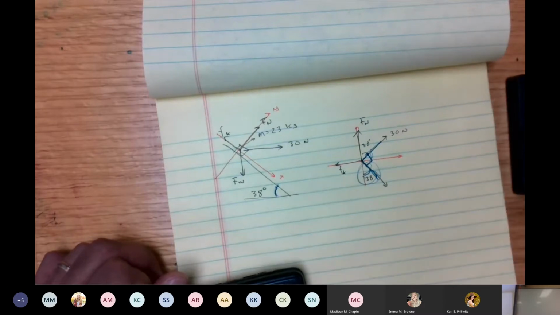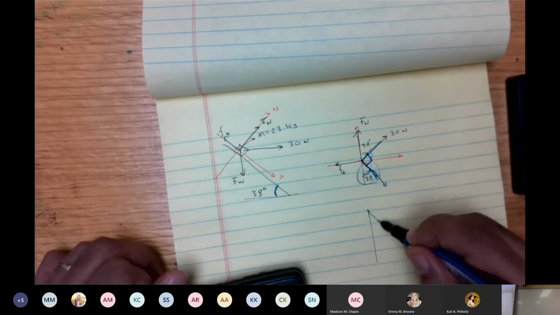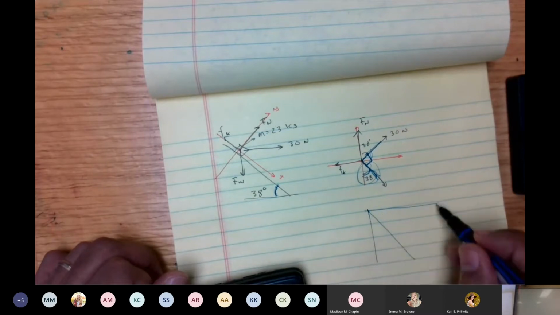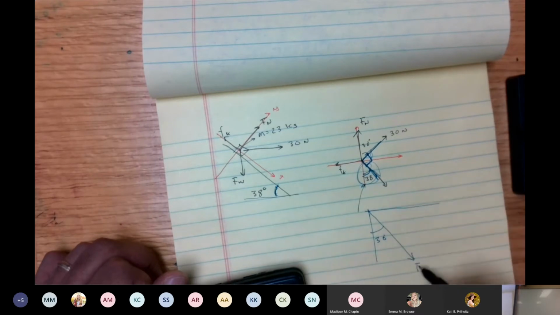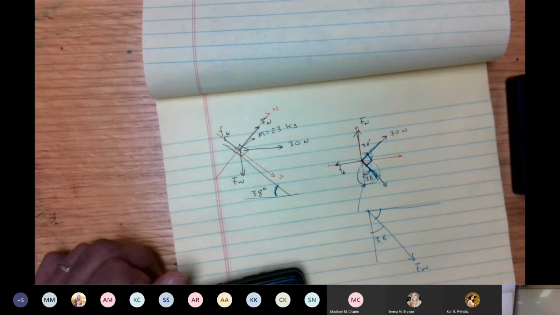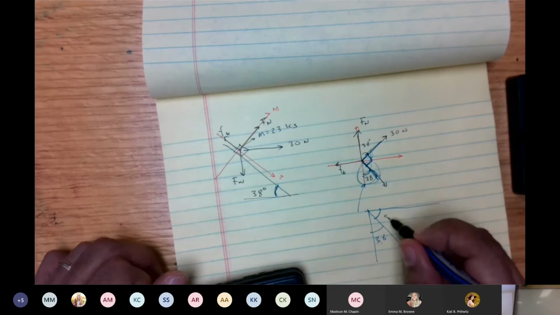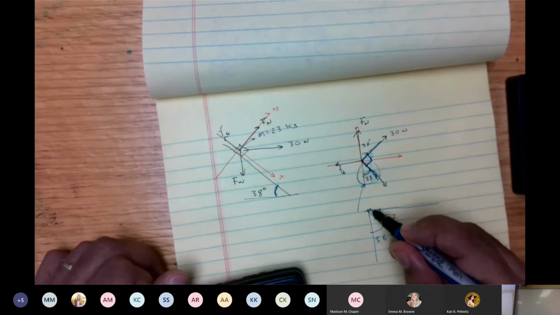So this is going to be, this is 38. I'm drawing this part of the force. This is going to be the weight. If this is 38, this is going to be, oops, this is going to be 52 degrees. Oh, I'm sorry. Then this is going to be 38.